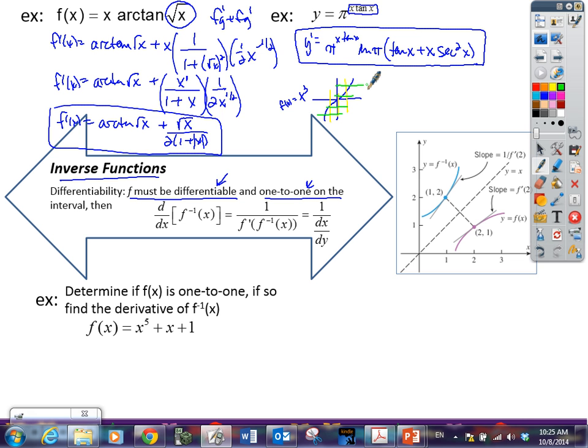But we do have functions that aren't 1-to-1. For example, if we have a parabola, say x squared minus 1, that's not 1-to-1. It is a function, so it passes the vertical line test, but it is not 1-to-1 because it does not pass the horizontal line test.